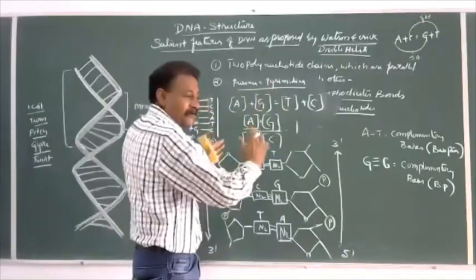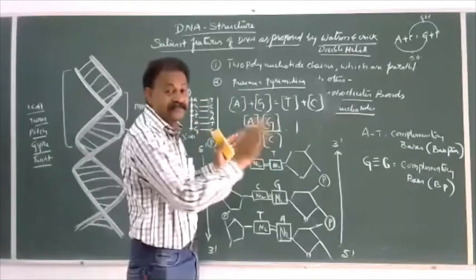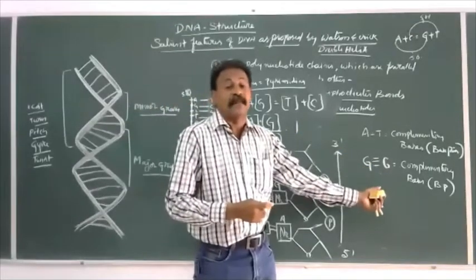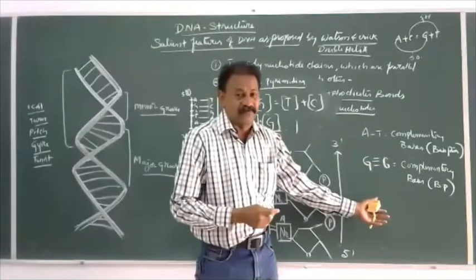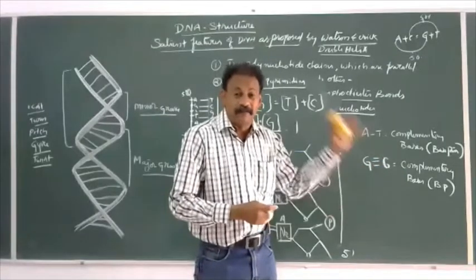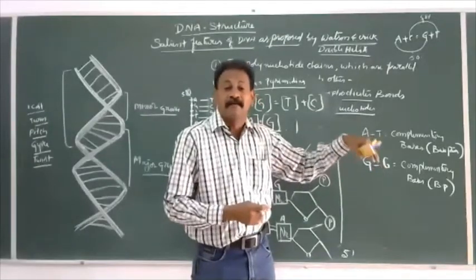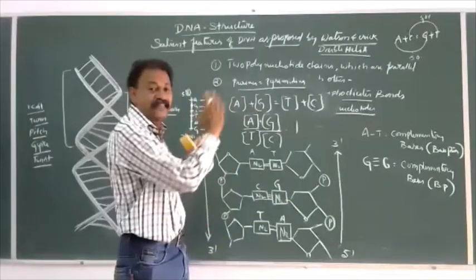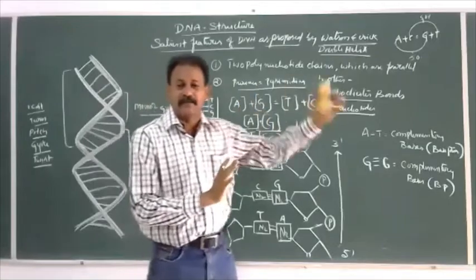So the even distance in the polynucleotide does not occur, and Chargaff's equivalence law will become useless. So according to Chargaff's base equivalence ratio, compulsorily purines and pyrimidines are 50%, 50%, equal in concentration. It means always a purine should bond with a pyrimidine, or a pyrimidine should bond with a purine.